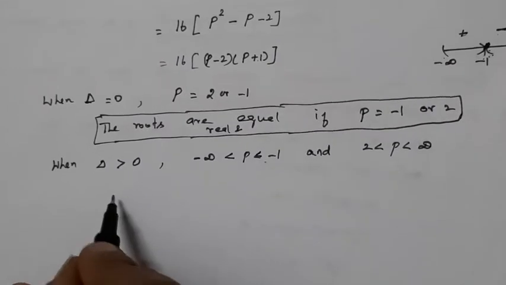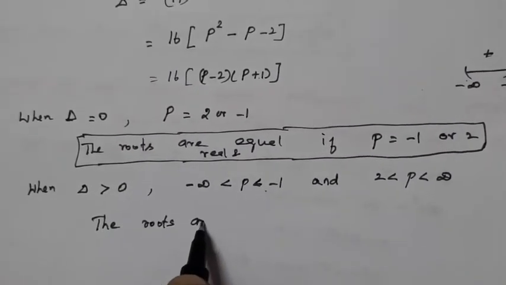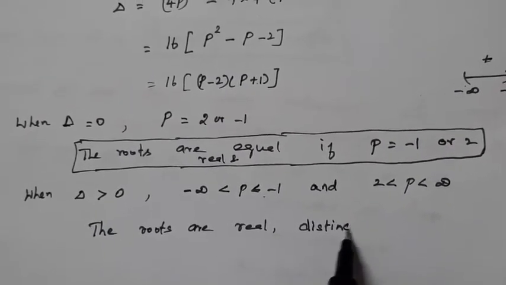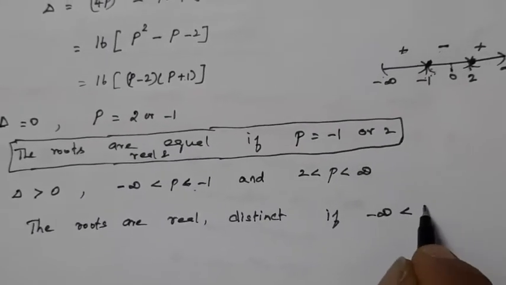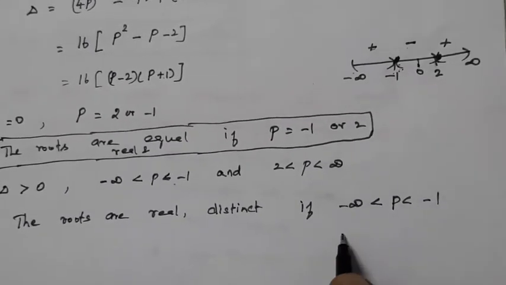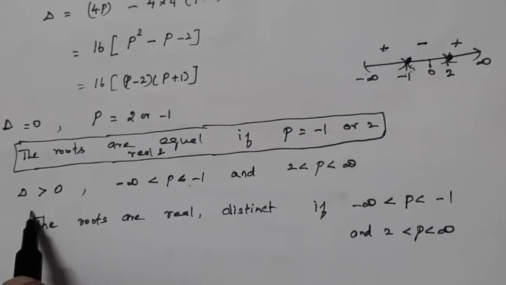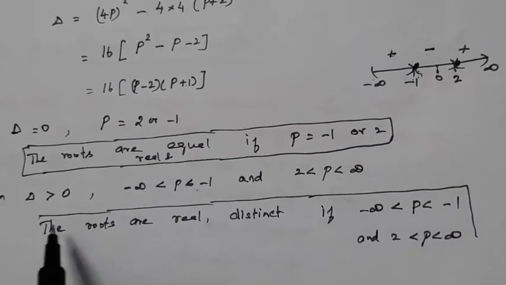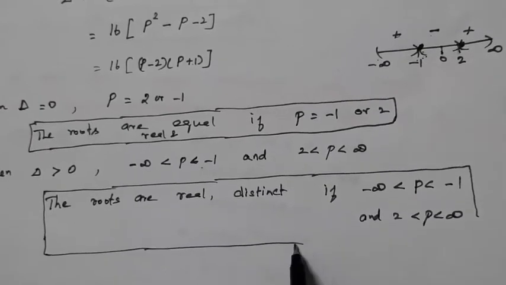Okay. And therefore, we can write the roots are real and distinct if this condition holds, that is minus infinity less than p less than minus 1 and 2 less than p less than infinity. Okay, so this is the condition to get real and distinct roots.